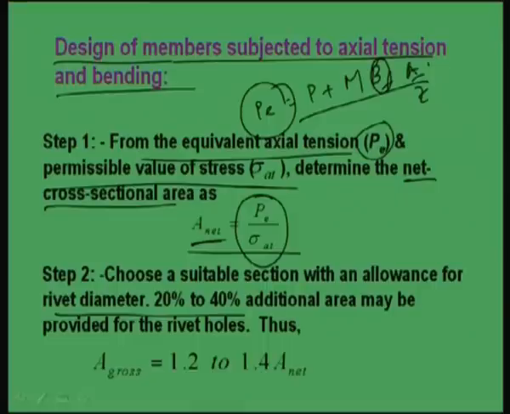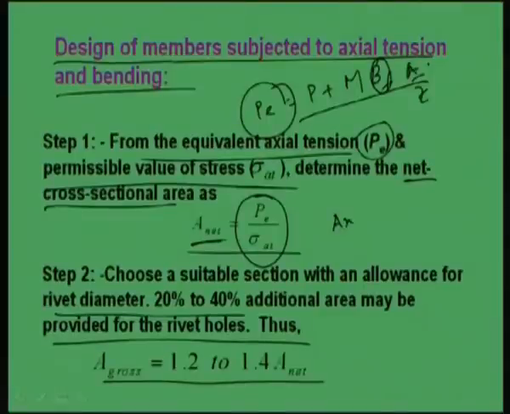Okay. 20 to 40% additional area may be provided for the rivet holes. So, gross area can be made as 1.2 to 1.4 times the net area, because deduction of hole will be there. So, we have to take care. So, in this way we can make.